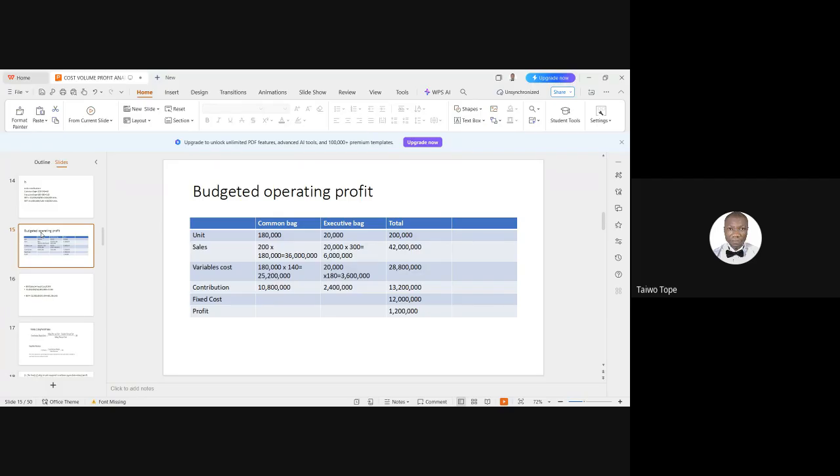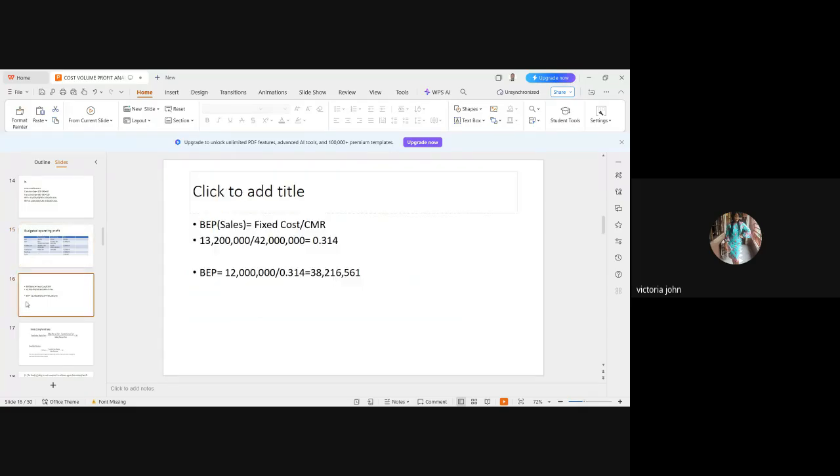When you multiply by 0.857, the value for common bag now is 32,757,052.